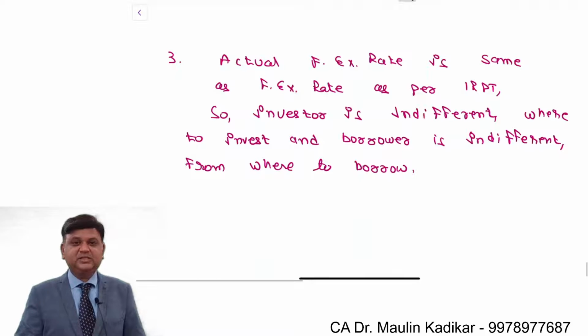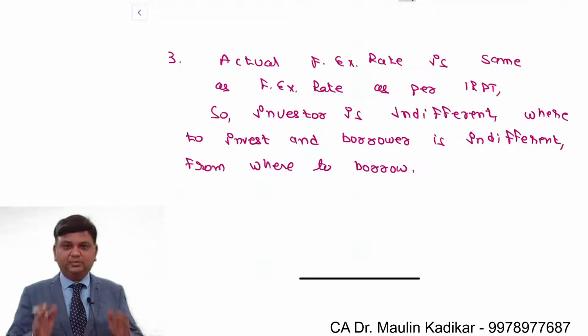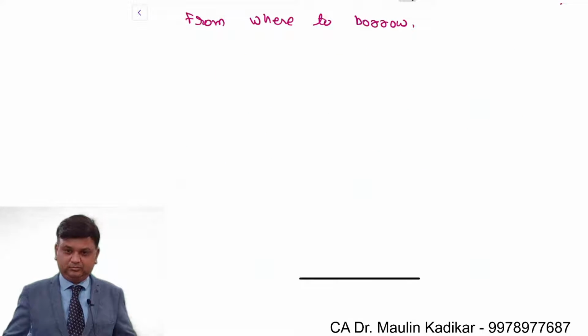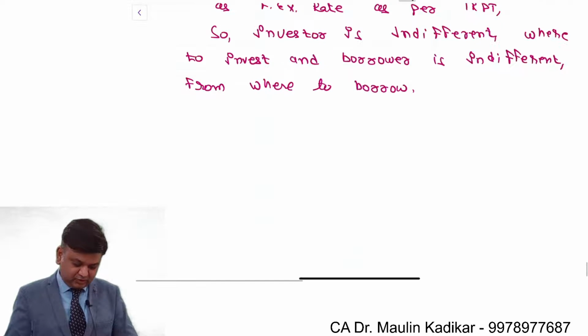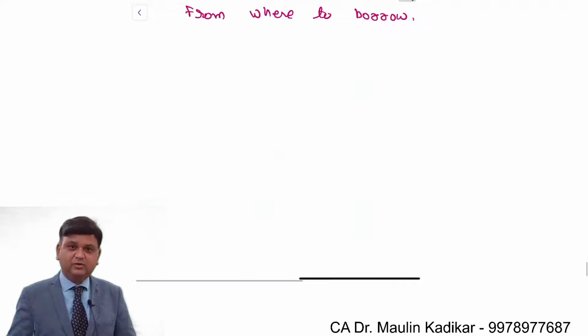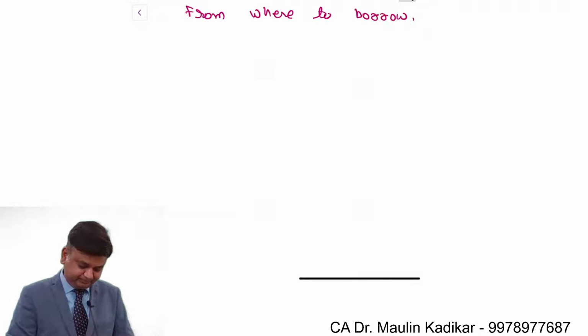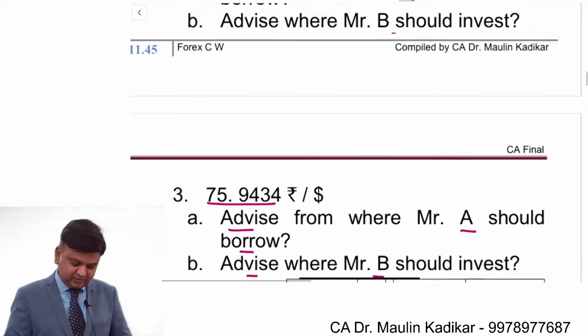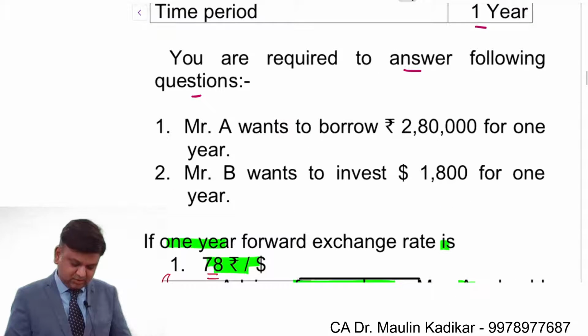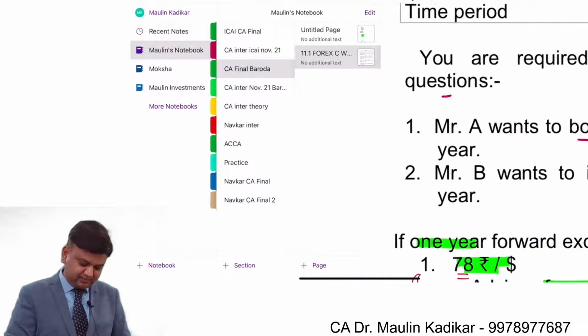Because what will happen, friends, in both the cases, the maturity amount of the deposit would be same, and in both the cases, repayment of the loan will be same. So we can say like this, if at all we want to cross verify the working, in A part of the question you want to borrow in rupees term.